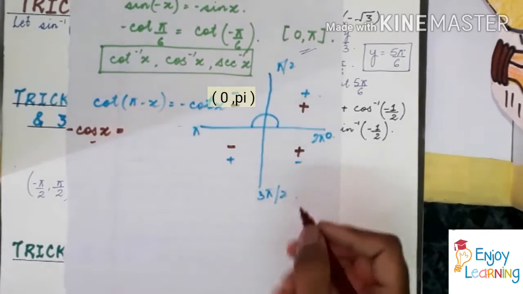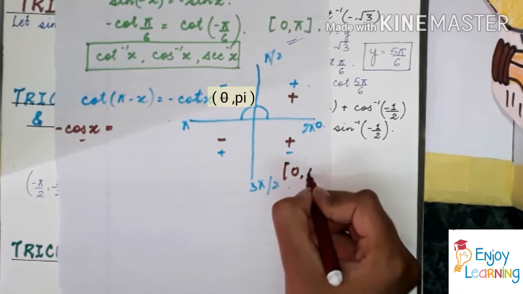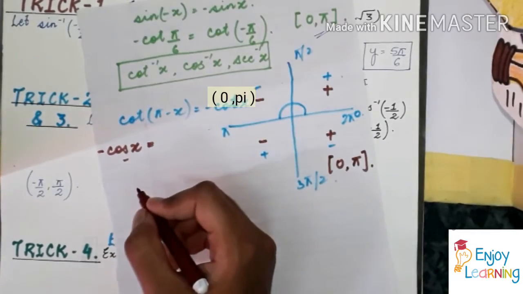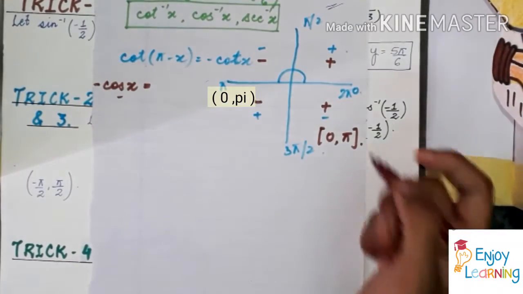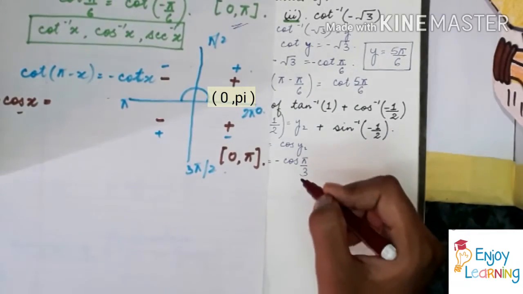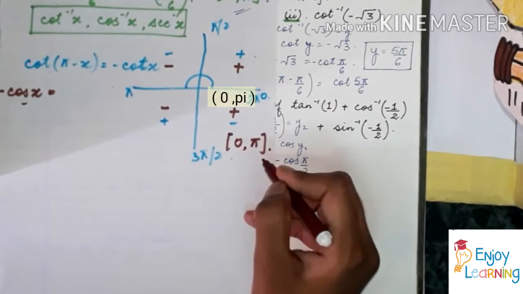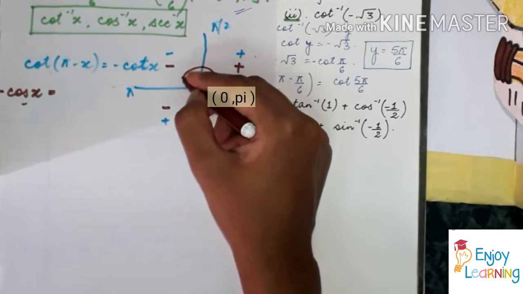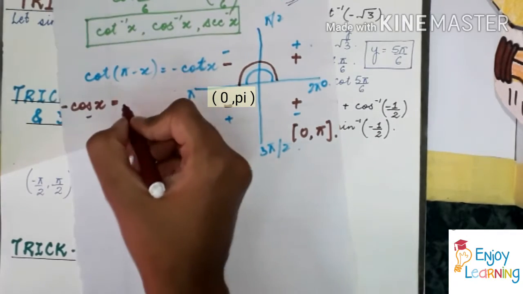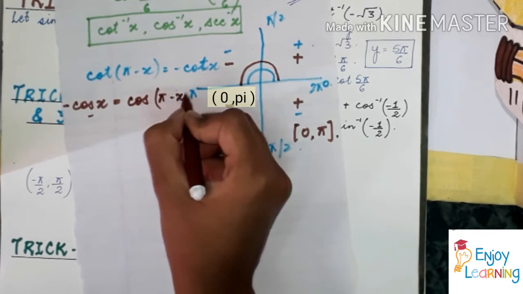And the principal value branch of cos x is from 0 to pi. So you have to find such a value of y so that it lies in the first or the second quadrant, because 0 to pi means from here to here. So cos is negative. So in place of minus cos x, you can write cos pi minus x.